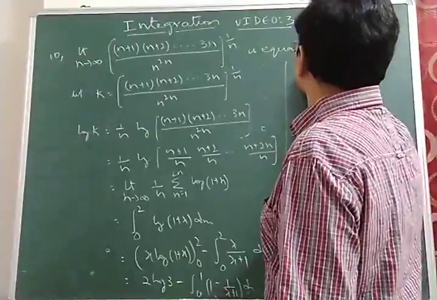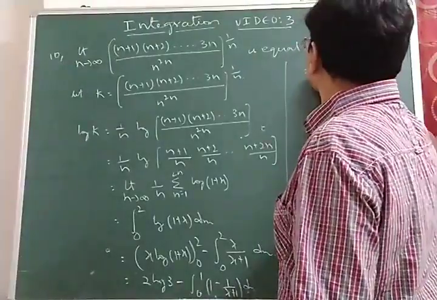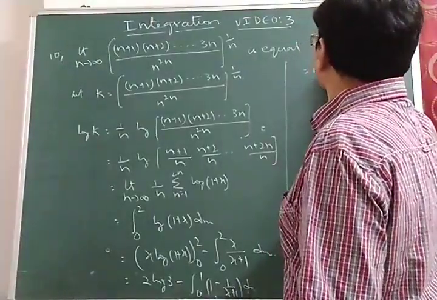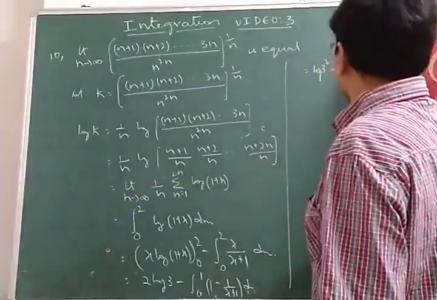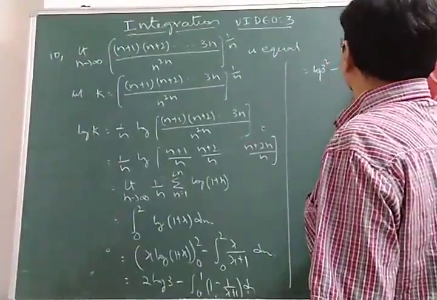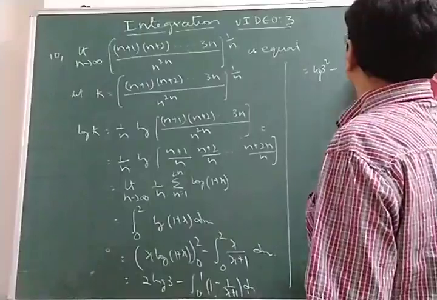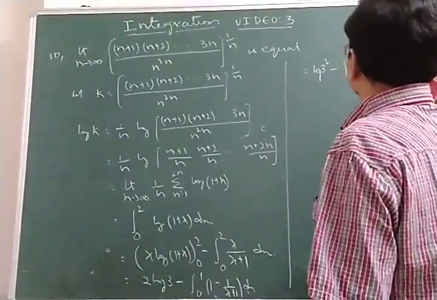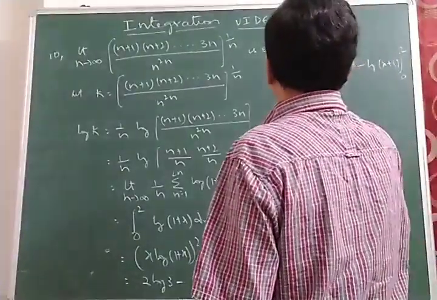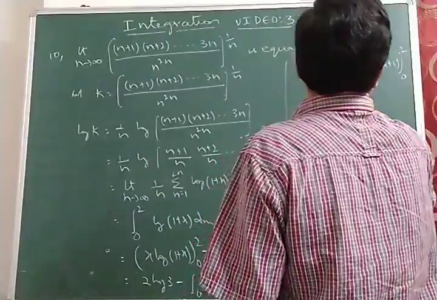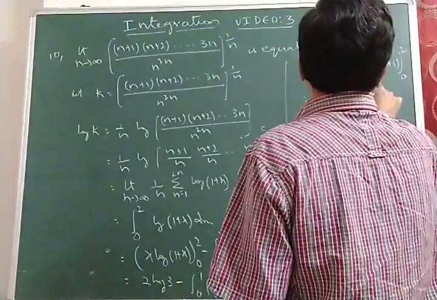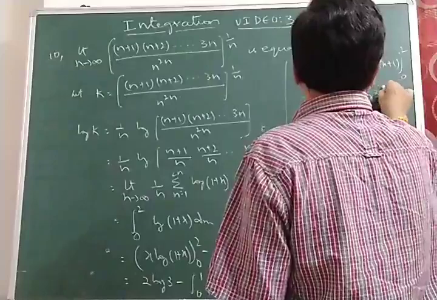Now that is equal to log 3 square minus x minus log of x plus 1 from 0 to 2. This is log 9 minus 2 minus log 3. Remaining is 0.